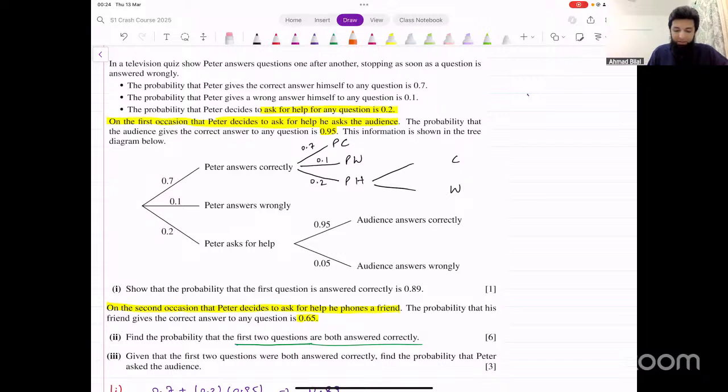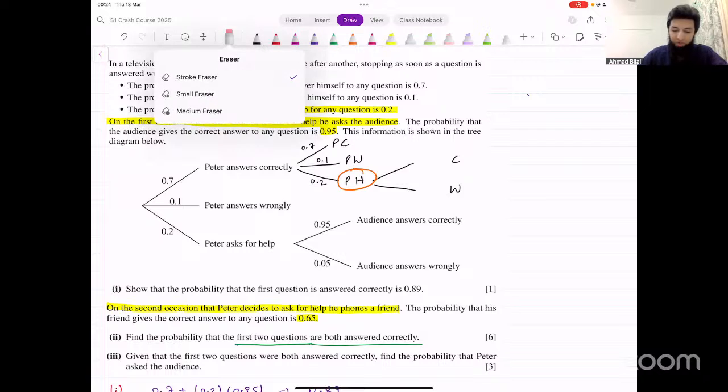Now, in the context of this game, what has happened is, in the first step, he got the question correct himself. For the second question, he is asking for help. Is it the first time that he's asking for help in this game until now? Yes, it is the first time, because the first question he answered correctly himself. So he's asking the audience in this case.